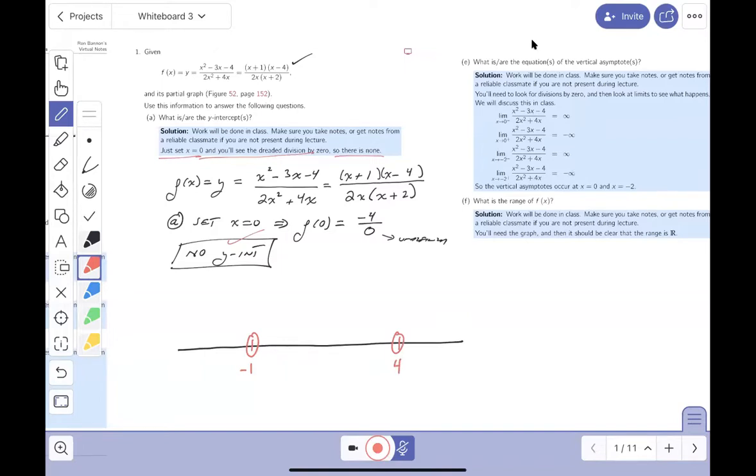That's where it's going to change signs, by the way. At 0. And at -2. Okay. And what are we going to be doing? We're analyzing the function for sign now.